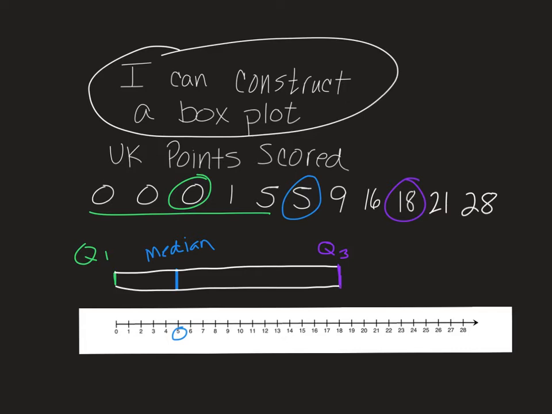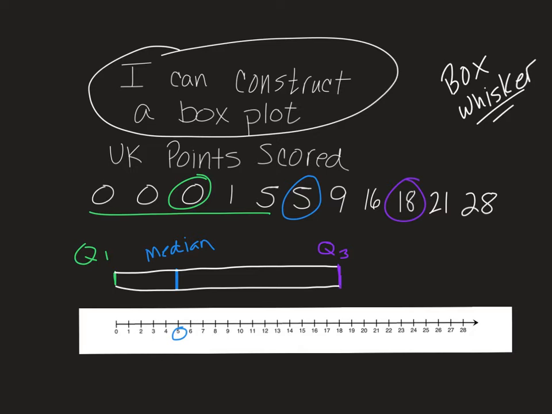And then for the last step, sometimes you hear a box plot called a box and whisker plot. When you were in middle school, you probably heard that. In high school, we typically call it a box plot, box and whisker, though it's the same thing. So you might remember from middle school that a box plot has whiskers.